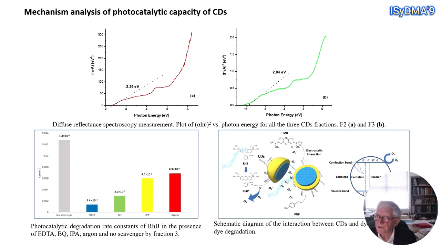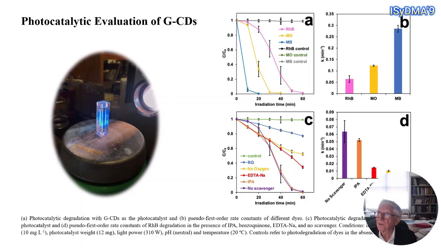So you can see there is much less decrease of the concentration of the rhodamine B, for example. Now the comparison for carbon dots, using the gel and also the one with carbon nitride.